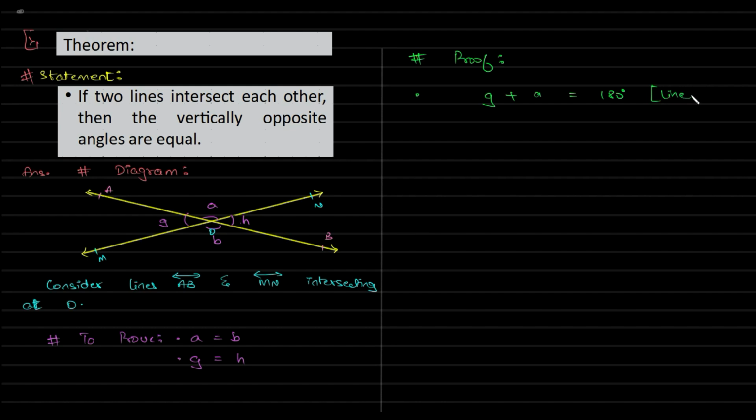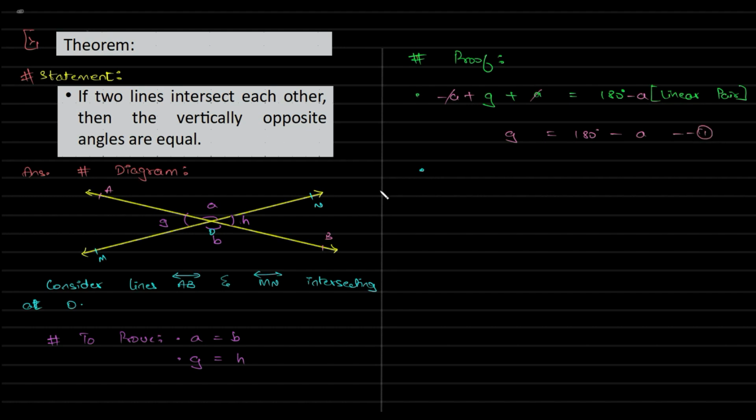Reason? Linear pair. If I subtract A from both sides, this and this will get cancelled. So G is equal to 180 degrees minus A. This is my equation 1.